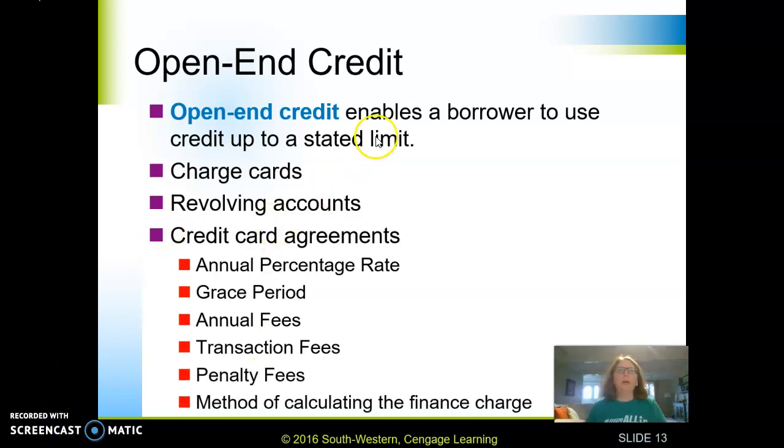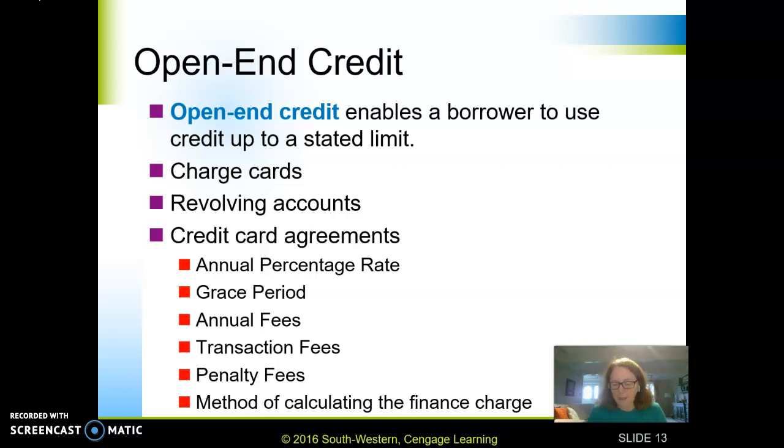Open-end credit allows you to borrow money up to a stated limit, and then you typically will pay that back in 10 to 25 days, the entire balance. If you pay by the due date and pay it in full, then you do not have to pay any interest on it.